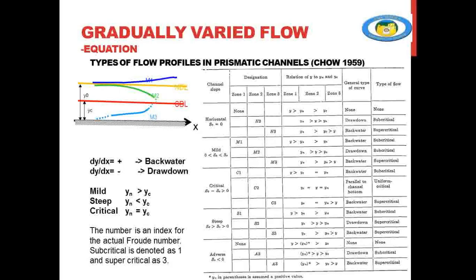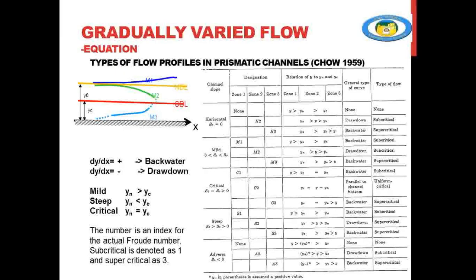So long as the bed slope is negative, the channel slope is categorized as adverse, and if the channel slope is 0, we classify it as horizontal.